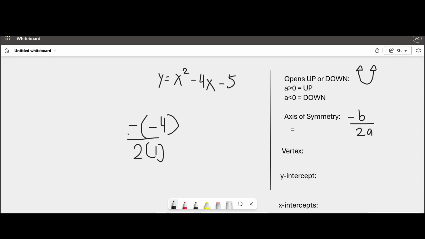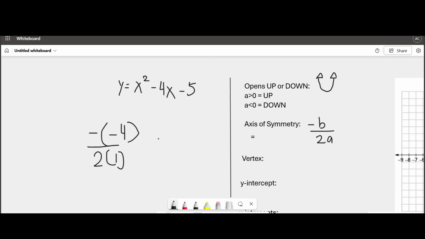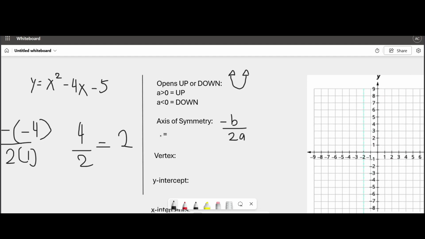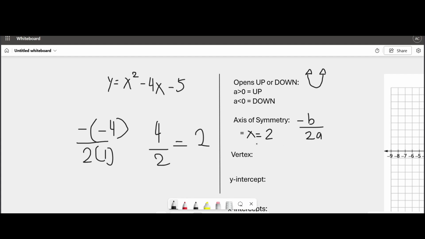Negative times negative is obviously going to be positive. So once you simplify this fraction, you get 2. Our axis of symmetry will be x equals 2.